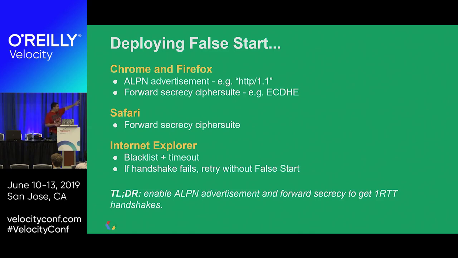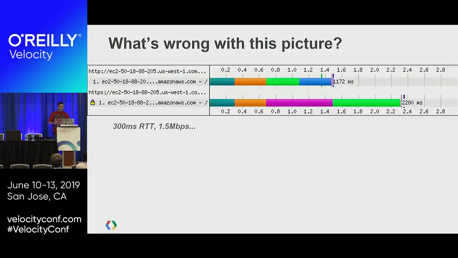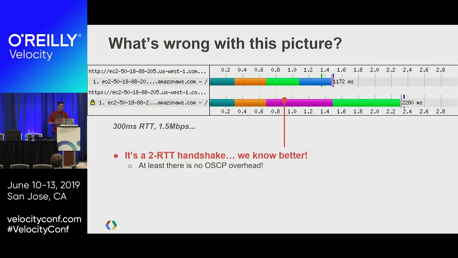So pretty much the requirements to get false start for TLS to get you all the way down to 1 round trip handshake, if you're doing HTTP2, should hopefully already be in place. Yeah, so probably just between stapling and false start for doing HTTP2, everything else should largely be taken care of for you automatically. And so in this case, we still ended up with the situation where it was 2 round trips.